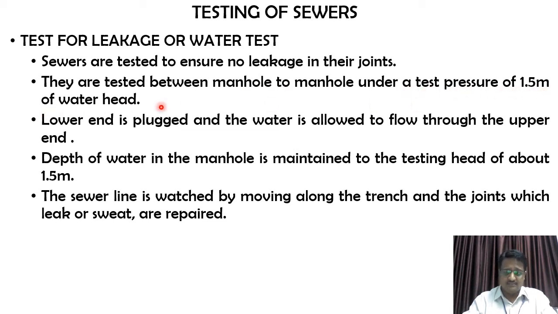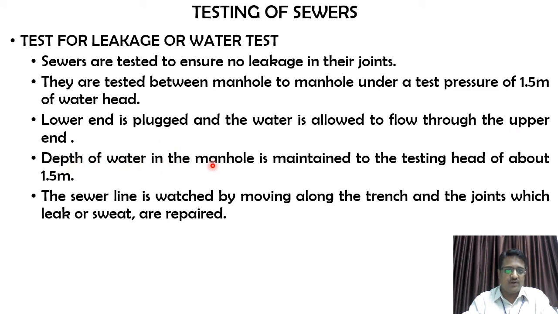Even though the sewers are not going to be under pressure, to check the jointing quality and to prevent any leakages, they usually test these sewer lines from manhole to manhole, and the water pressure for that will usually be 1.5 meter of head of water. The lower end is plugged and the water is allowed to flow through the upper end.